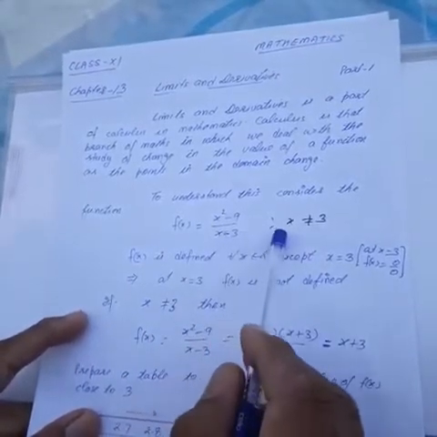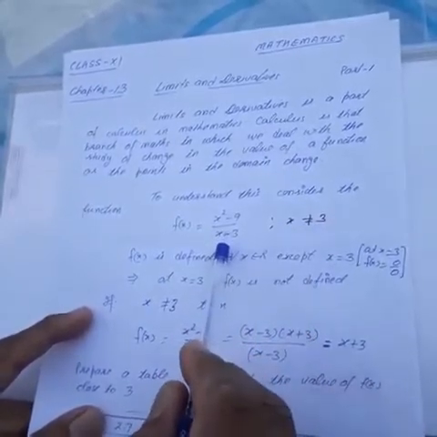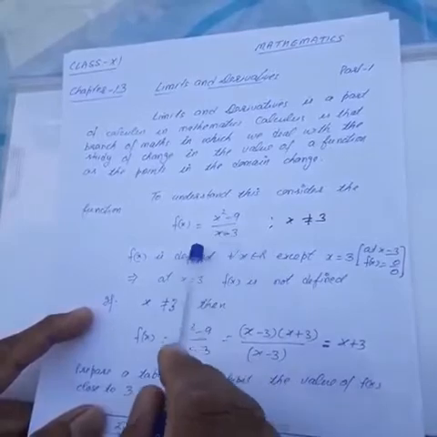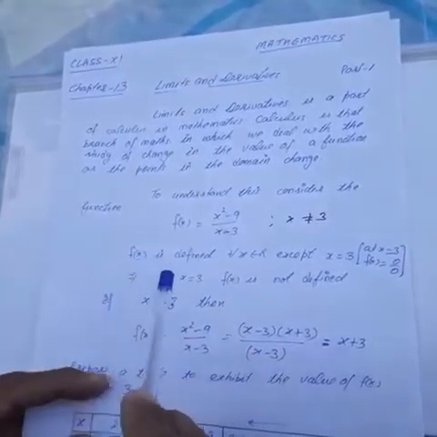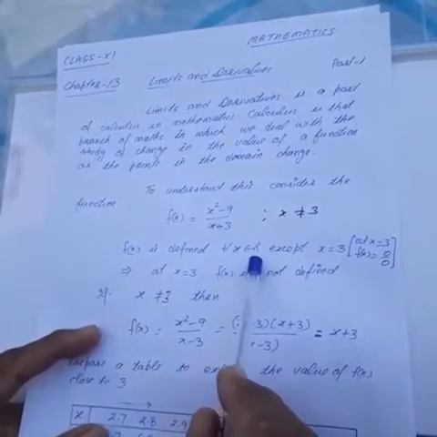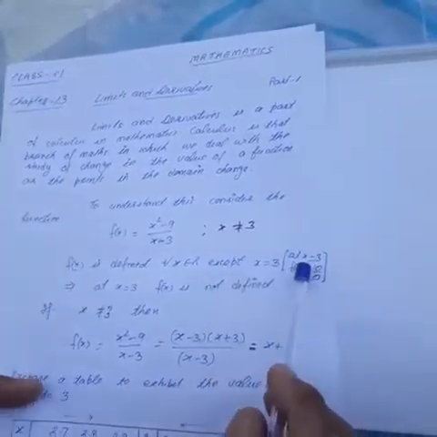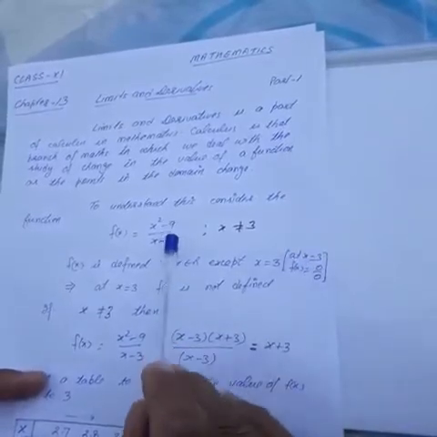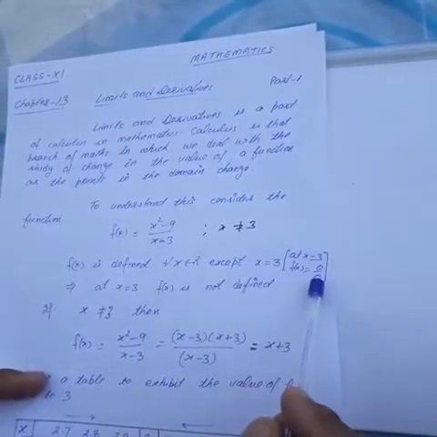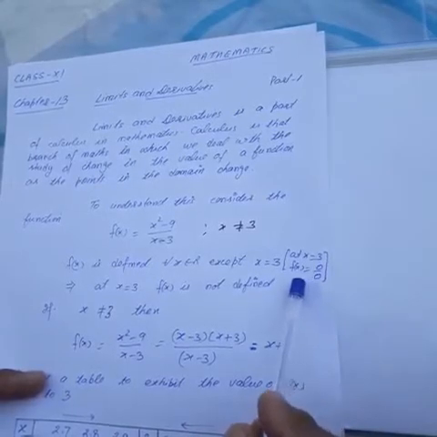We know the domain of this function is x not equal to 3, because at x equal to 3 this function is not defined. So f(x) is defined for all x belonging to R except x equal to 3, because at x equal to 3 the function has 0 upon 0, which is an undetermined or indeterminate form.